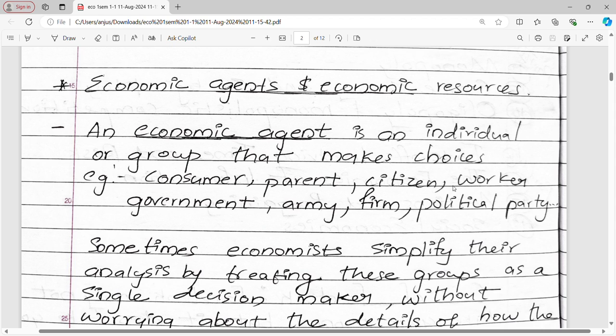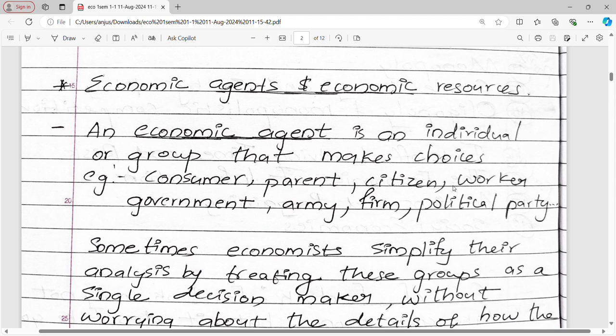A parent chooses to enroll her children in a public school or a private school. A student chooses to attend his classes or to skip them. A citizen chooses whether or not to vote, or which candidate to support.